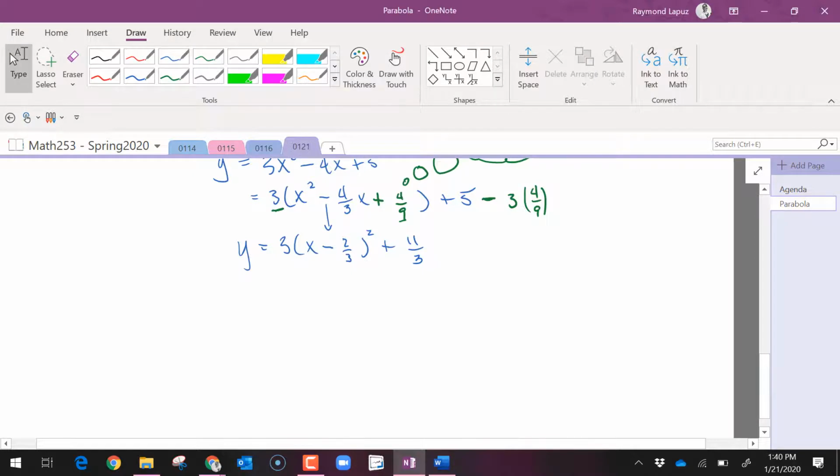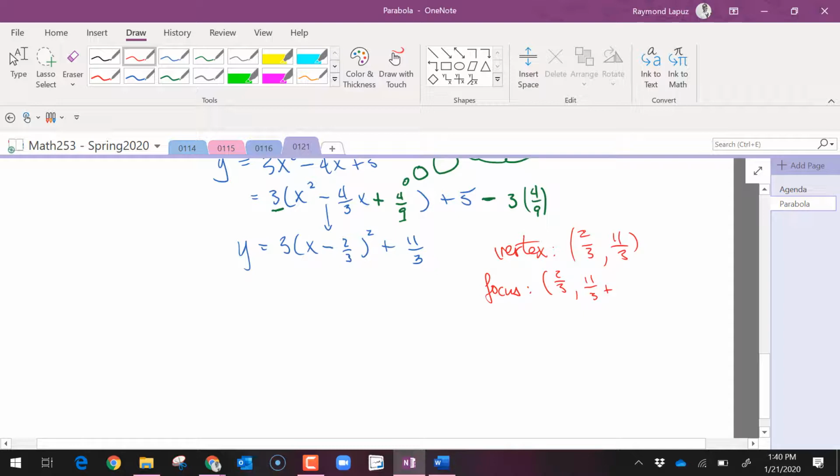So the vertex is 2/3, comma 11/3, and the focus is going to be, this is up along the y, opens up and down, so it's going to be the same x value, 2/3, and then you have 11/3.